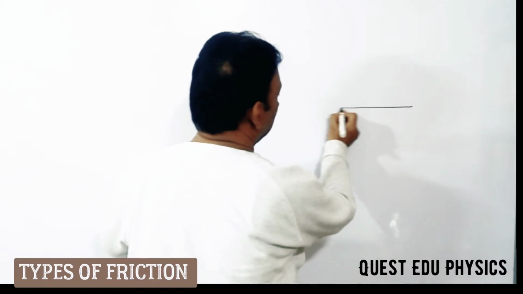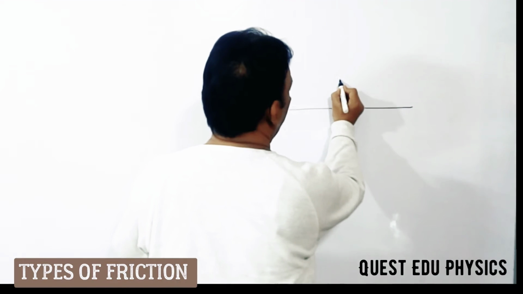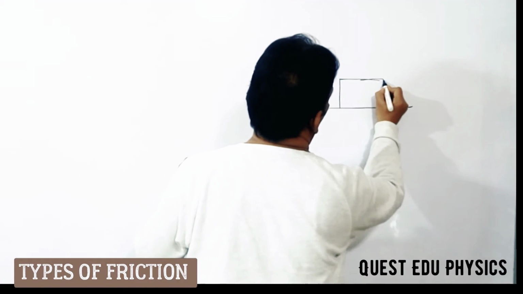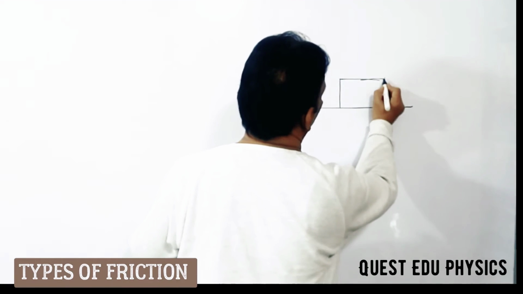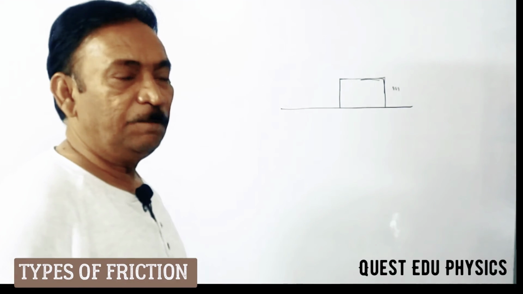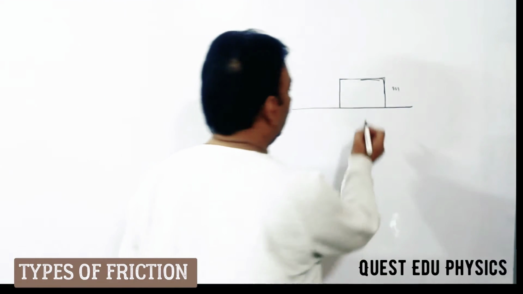Let's say it's a surface with friction, that means a rough surface. We kept a body over it, and let it have a mass of m. How many forces are acting on this body?